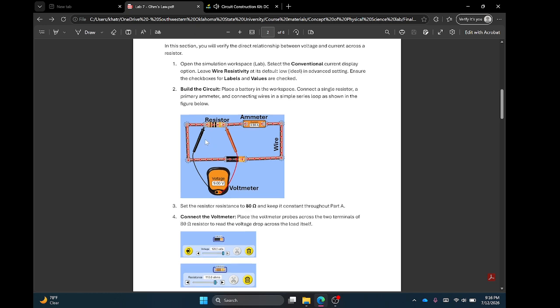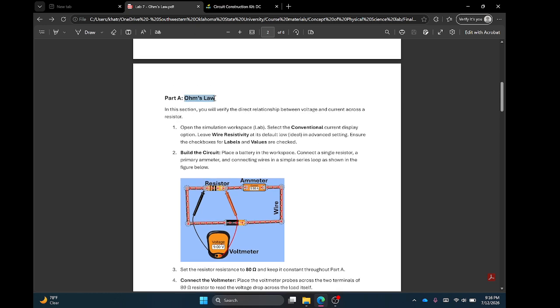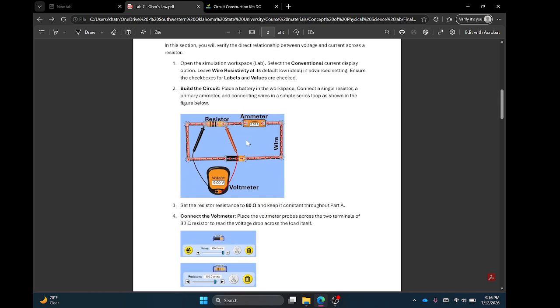So the first part is verifying Ohm's law. What we will do is create a series circuit with a resistor, an ammeter, and a power source, namely a battery. We can see the basic series circuit here.